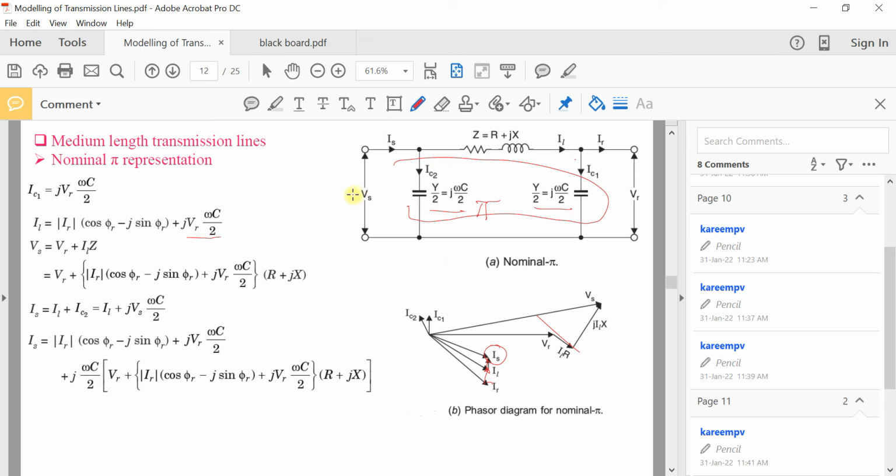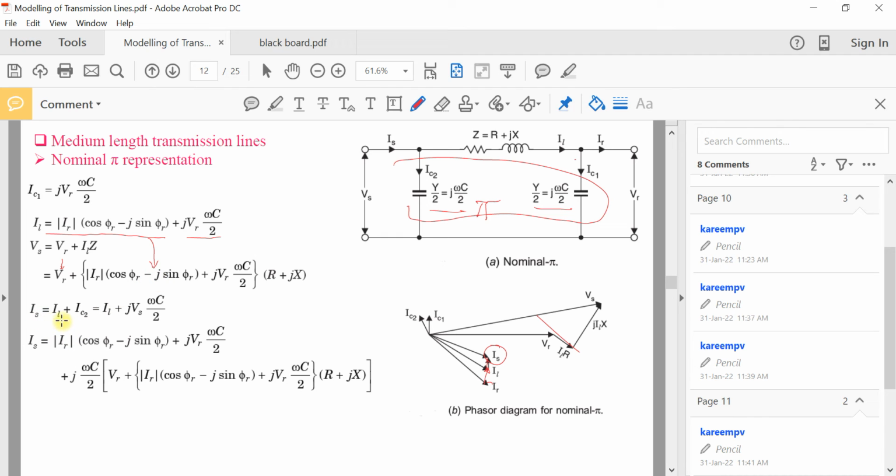So the resulting equation will be Vs is equal to IL into Z plus VR. That is Vs is equal to VR plus IL into Z, and here we have the expression for IL that will be substituted here, plus that into Z. Z is R plus jX. So this is the expression for Vs in terms of VR and IR. Once you get an expression for Vs and VR, you can evaluate the regulation.